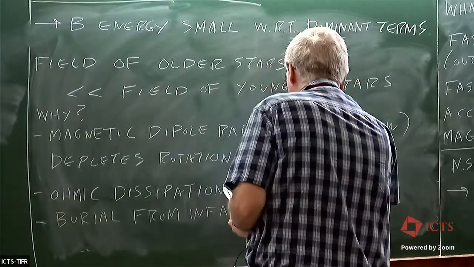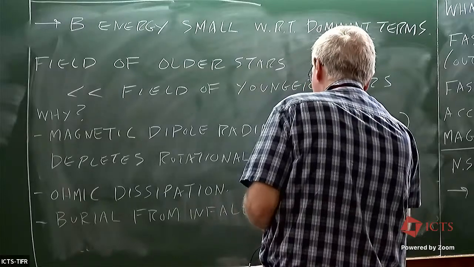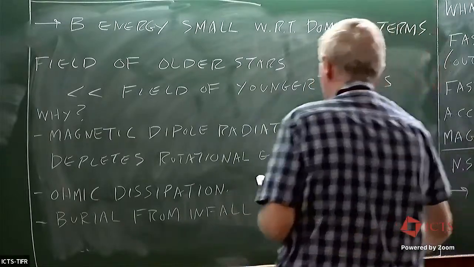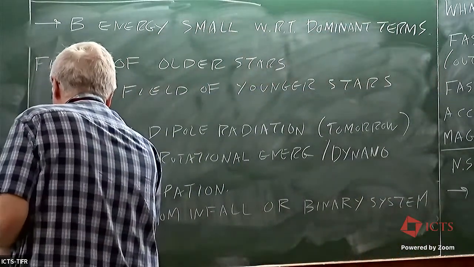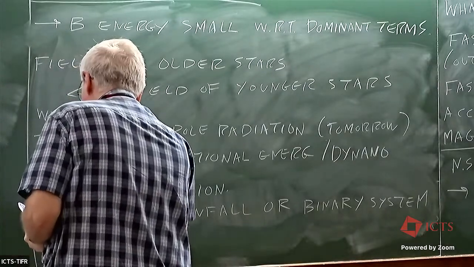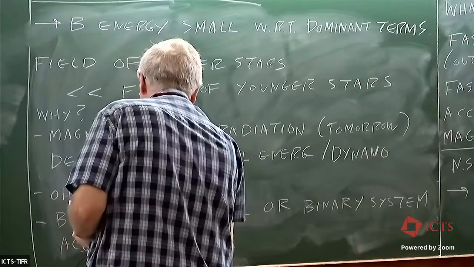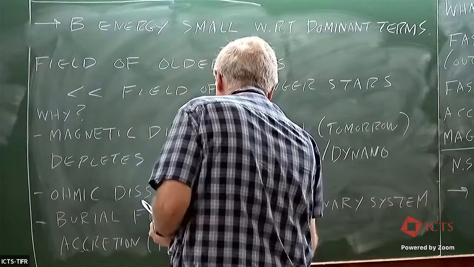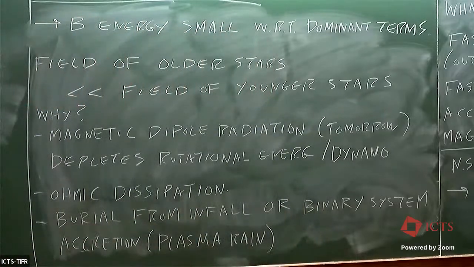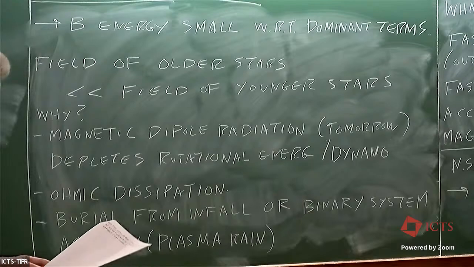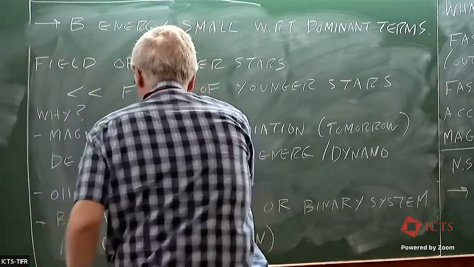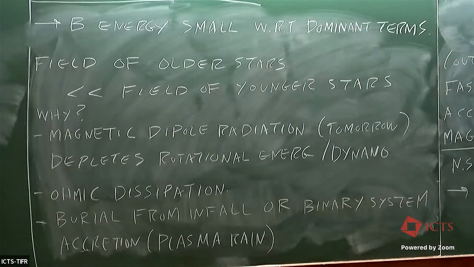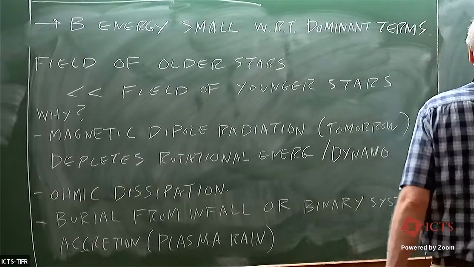Or a case that's perhaps more relevant would be in a binary system where there is ongoing sustained accretion, and that accretion is, in some sense, a rain of plasma coming down on the star, and it's thought that that can drag the field inside the crust of the star. That said, as plausible as it is that you can bury the field, it's also quite plausible that it won't stay buried all that long.